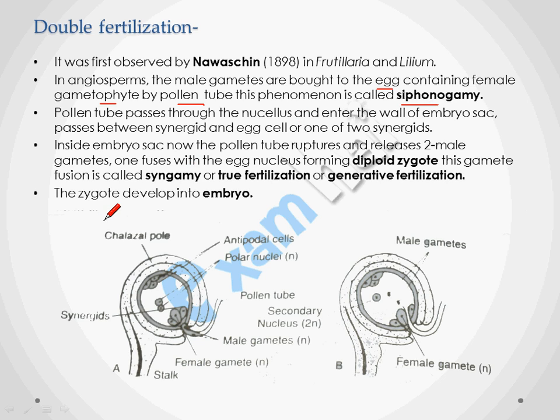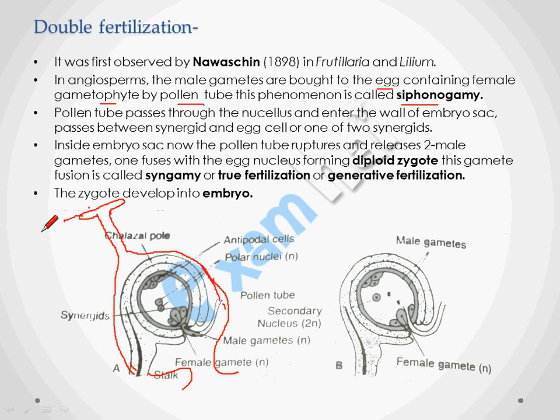Okay, so now I will make a small diagram showing the female reproductive organ. This is the female reproductive organ, the pistil.